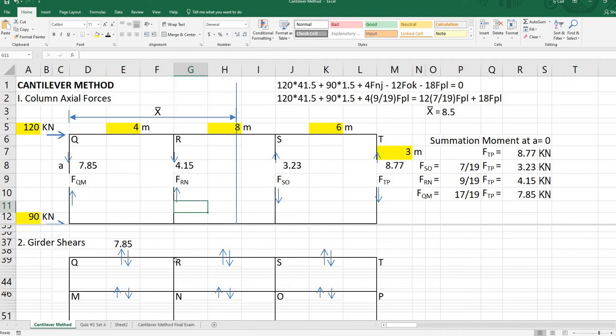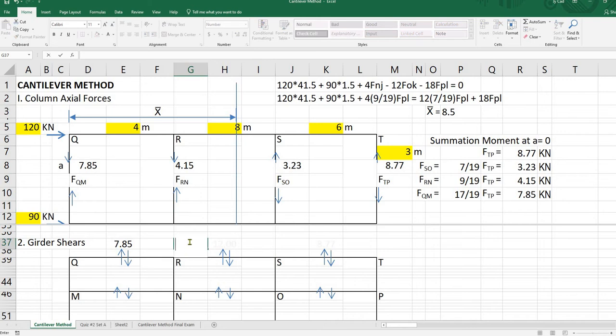So at node R, meron tayong downward force or downward girder shear na 7.85 tsaka axial force na downwards na 4.15. Siyempre, since parehas silang downwards or negative value, ang magkokontra dyan would be an upward force which is equal to 7.85 plus 4.15. Okay?